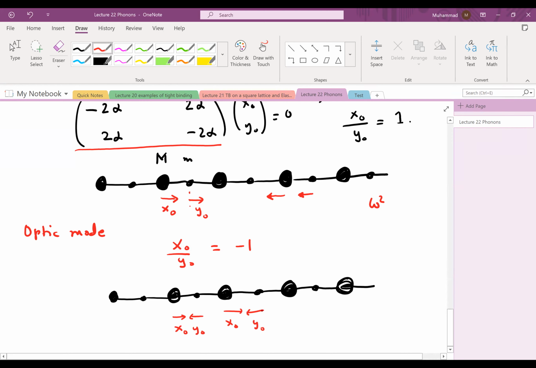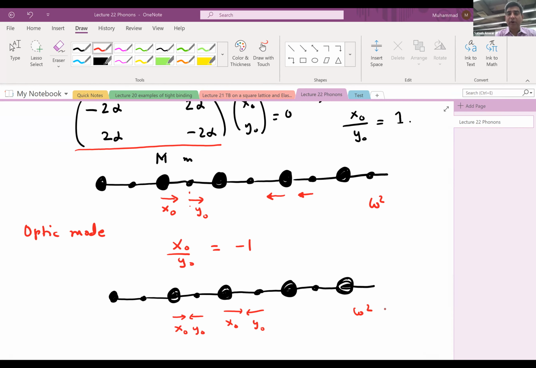And each of these oscillations is also happening with the same frequency, omega square. So in acoustic modes near the k equals 0 point, all atoms are oscillating with the same frequency, and they are oscillating in phase with one another. And in the optical mode, they are also oscillating with the same frequency, omega, but they are in antiphase with one another. All right. So this would really mean that alternate springs are compressing and expanding at the same time.